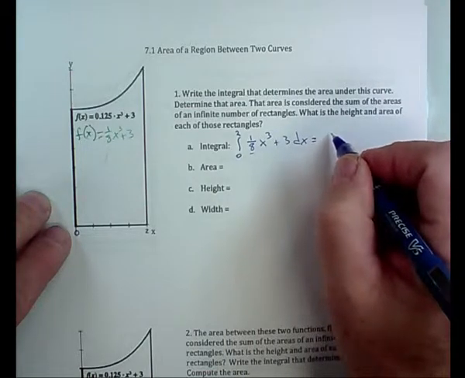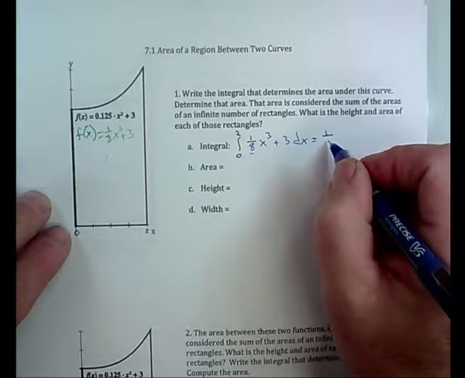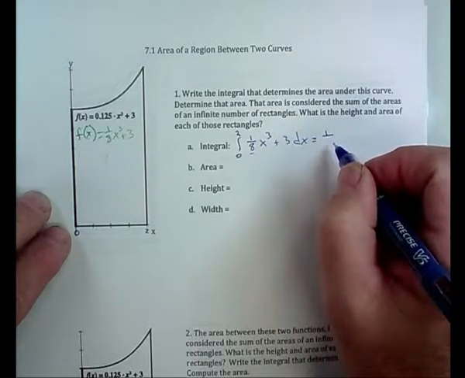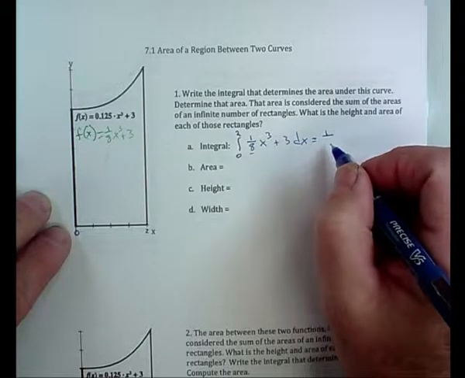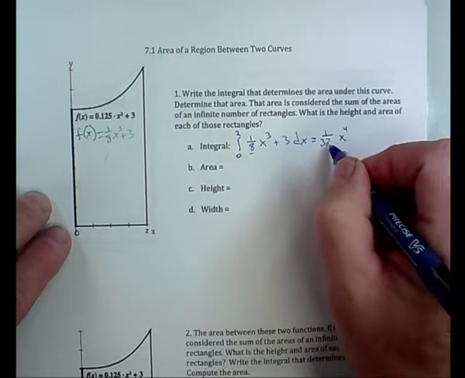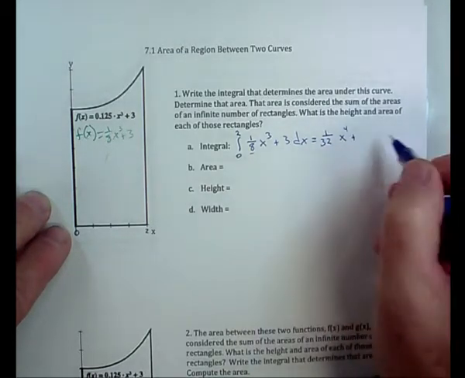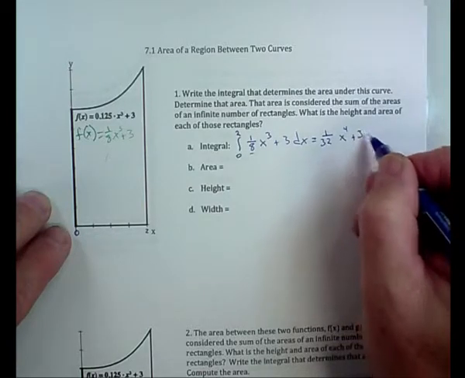Is it 1/16 x to the 4th? I didn't get 1/16. I agree x to the 4th. 1/32. I get 1/32 because you got to multiply by 1/4, correct? Plus what? 3x.